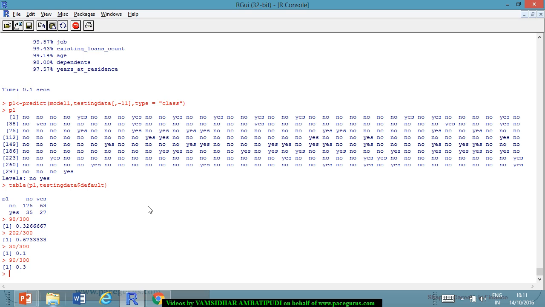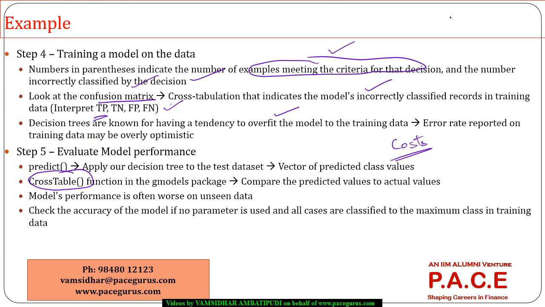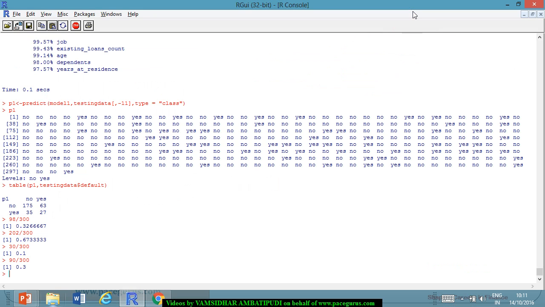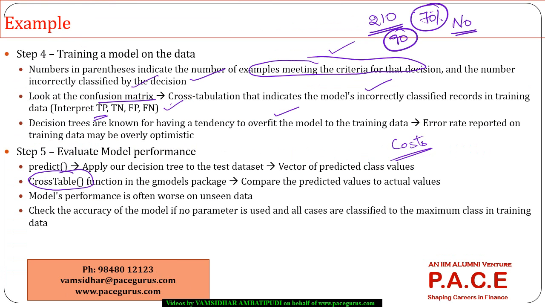If I had classified all of them as no, 210 would have been correctly classified and only 90 would have been errors, so my accuracy would have been 70% even without doing a model building process. So that is what I have to really be worried about. If no parameter is used, the accuracy is 70%, but after I have built this model, the accuracy became 67%.